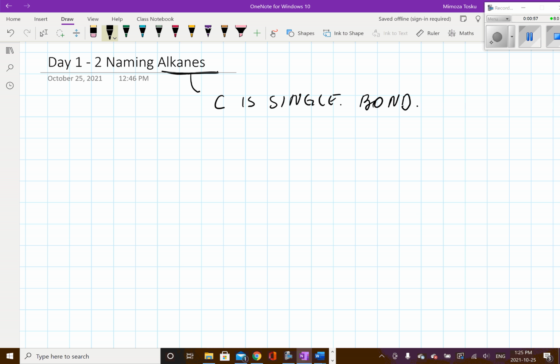The general formula for alkane is CnH2n+2, where n is a whole number. If n is 2, then we'll have C2, then 2 times 2 plus 2, so we'll have a molecular formula of C2H6.